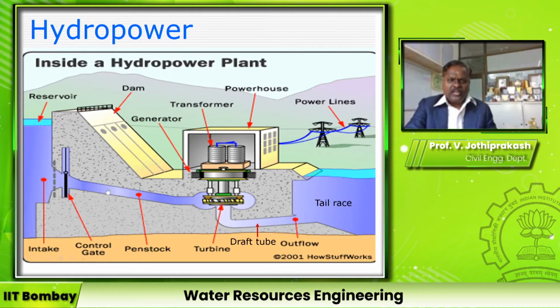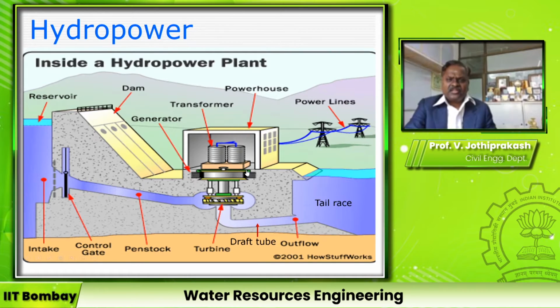Since the water is flowing at a large head of water, it goes with very high velocity. And this high velocity jet is made to impact on a series of cups mounted on a propeller. That is called the turbine. And this turbine shaft rotates in a generator.